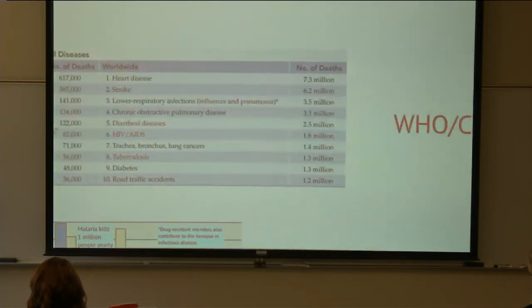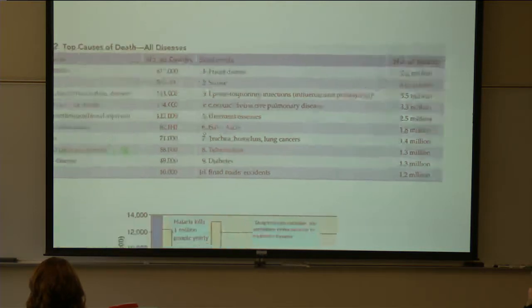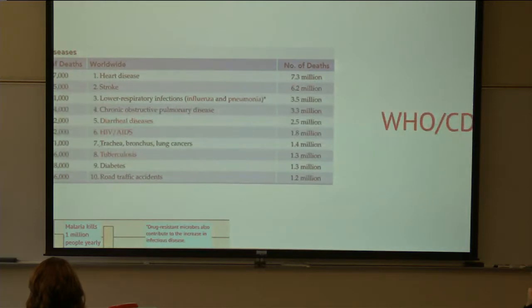Over here, if we look worldwide, diarrheal diseases, number 5 worldwide. That's kind of alarming. HIV/AIDS, number 6 worldwide. Okay, neither one of these are on our list. TB, number 8, again worldwide.